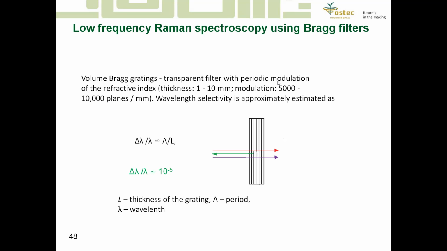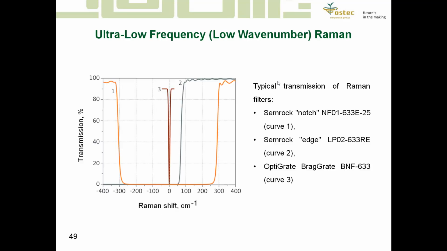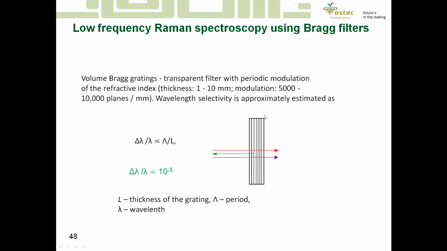And there is also an important unit in the spectrometer. It is the kind of filters we use, and here we can see Bragg volume filters. There are a lot of planes, a lot of alternating refractive index changes in the filter, and as a result such a volume Bragg grating filter has a very narrow spectral band.